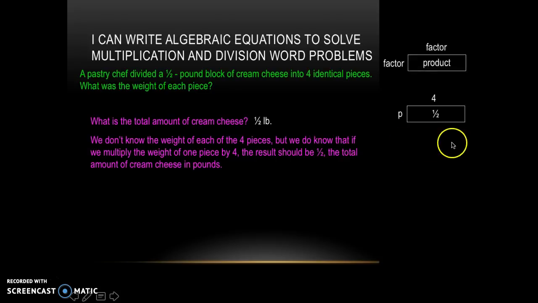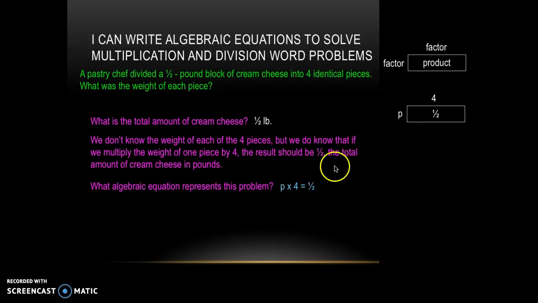So again, something times 4 is going to give us a half, or a half divided by 4 is going to give us that missing weight, which will be in pounds. That's why I've used a P. So our algebraic expression would be P times 4 equals a half. We're going to actually solve it by dividing.